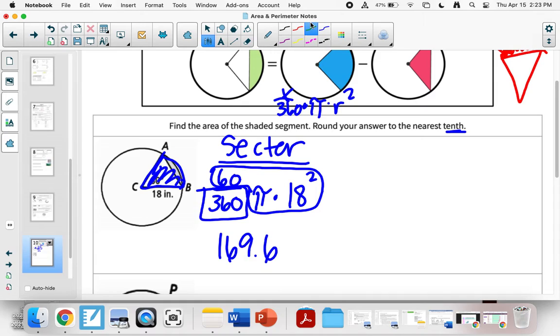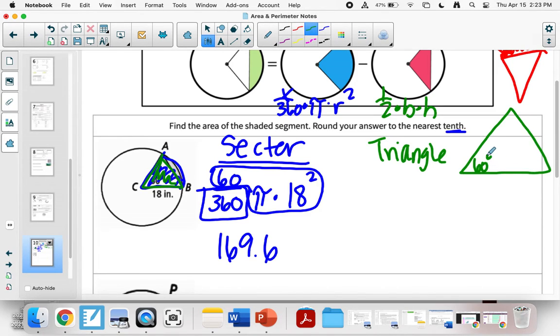Questions on how we got that? Okay. Now we're going to find the area of our triangle, which again has the formula half times base times height. Here is our triangle, I'm going to draw it bigger for you.